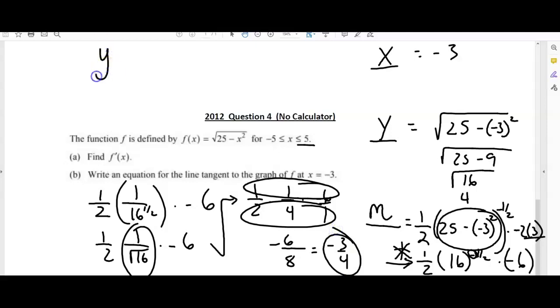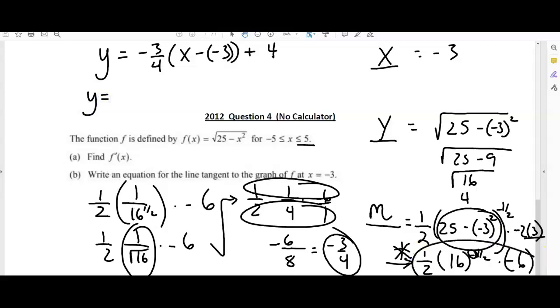So we have y is equal to the slope times x minus x1 plus y1. And you could make that a plus if you want to, because there are double negatives. Now let's just say that you didn't do what I did and you didn't find that slope. Then you would have this really weird looking tangent line.